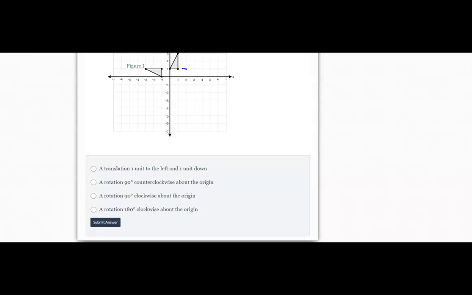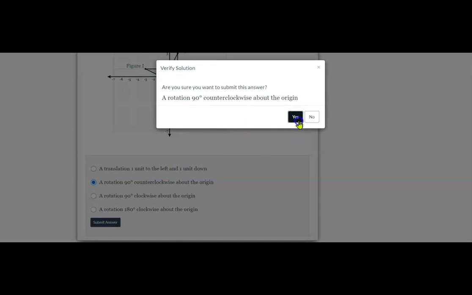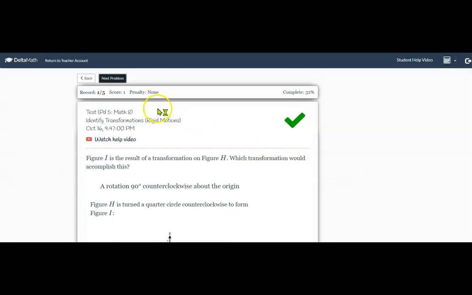Did I go clockwise with the clock or counterclockwise against the clock? And it looks like, since we're going from H to I, that I went to the left or counterclockwise. So I'm going to choose this one here. That's a 90 degrees counterclockwise rotation. It's 1 quadrant, that's 90 degrees, and it's to the left.